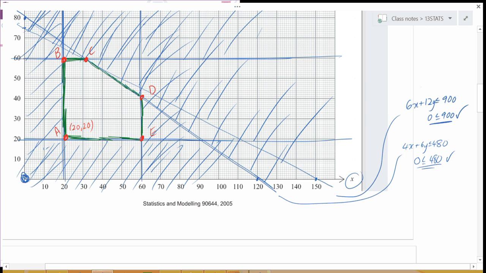Okay, because we know from our constraints. Same with B. B is going to be 20, 60. C isn't quite so trivial, but E is trivial, that's going to be 60, 20. And it's just those other two, D and C, that we need to actually work out.